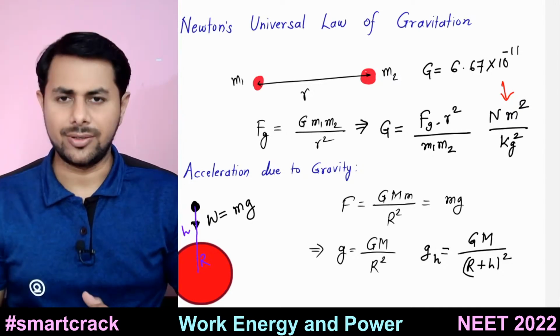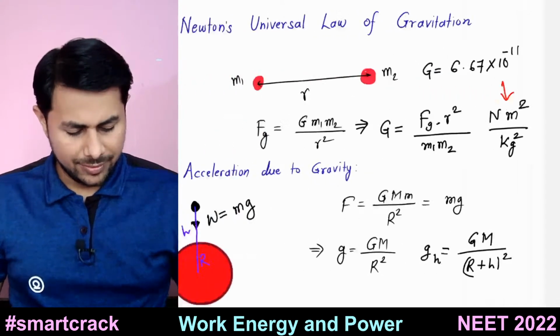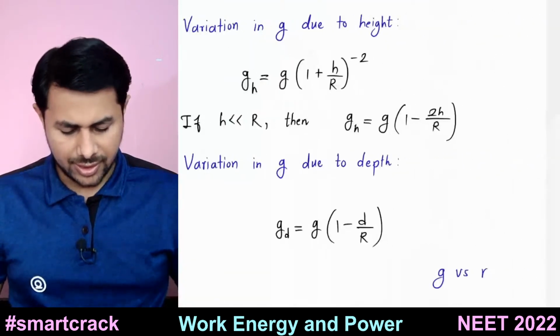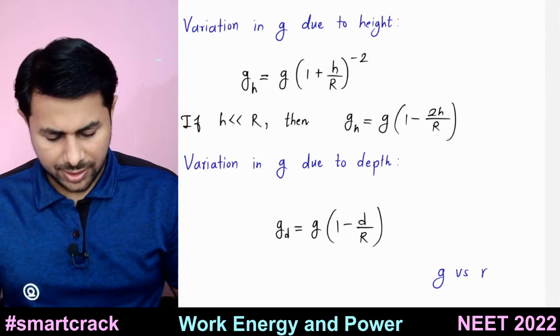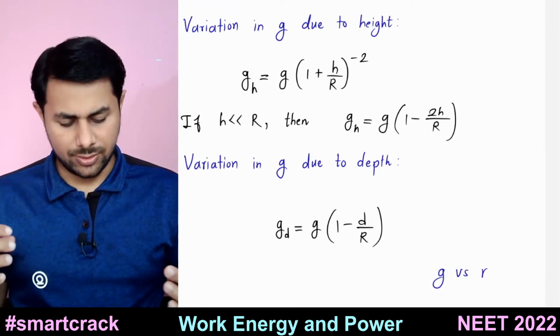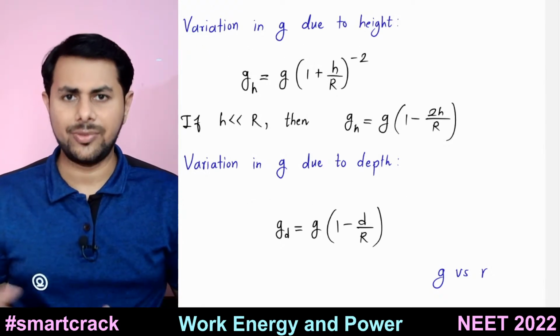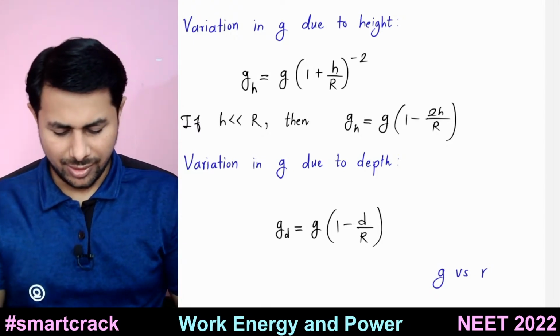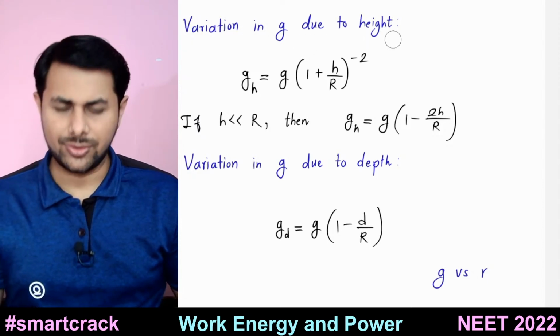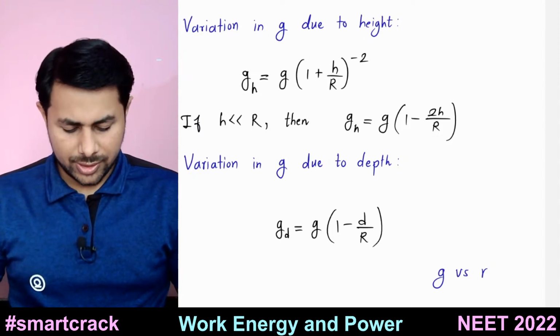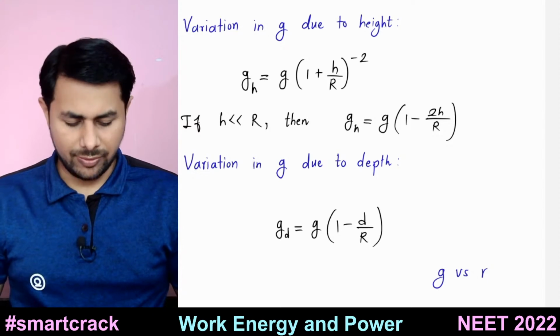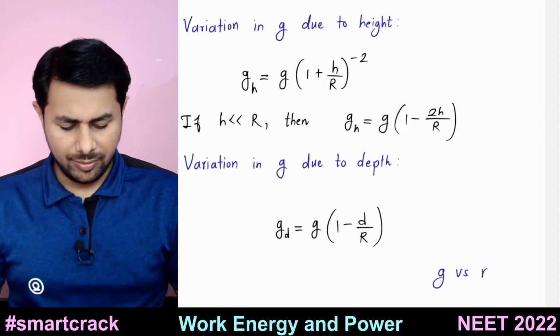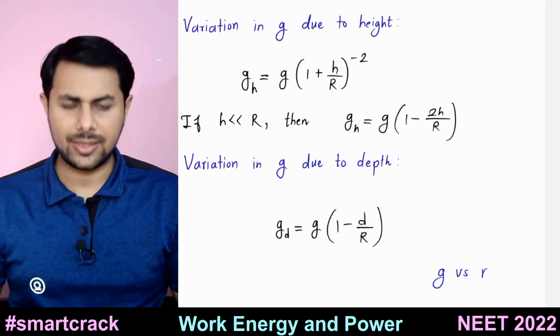Okay, it's simple. After that, let's see the variation in acceleration due to gravity due to the height, due to the depth, due to rotation of earth, etc. Let's see variation in g due to the height. g at height h is given by g multiplied by 1 plus h upon R raised to minus 2.